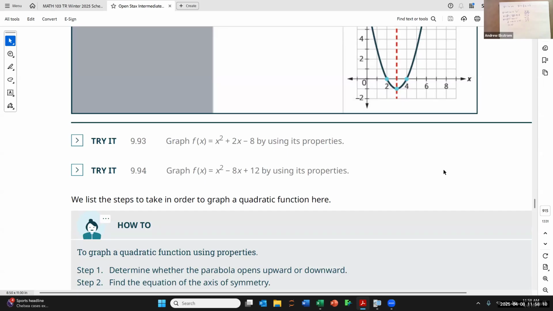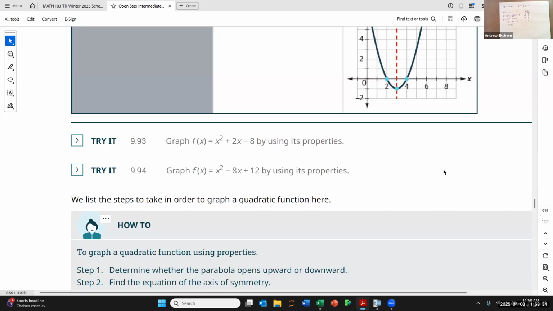If we want the vertex, it's negative b divided by 2 times a. So -2 divided by 2 times 1. 2 times 1 is 2, and -2 divided by 2 is -1. Plug that into your equation and you have your inflection point, your apex.